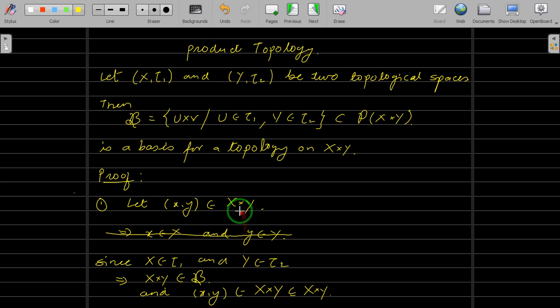So you are taking one point in your whole space, and you got one basic element, which contains the whole space. So that is the first point to show that something is a basis for a topology.